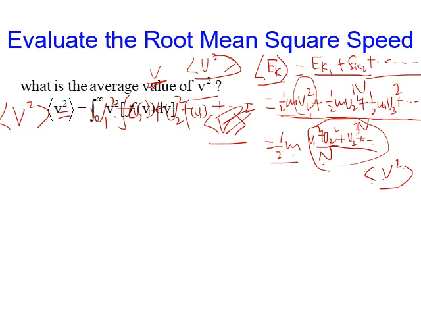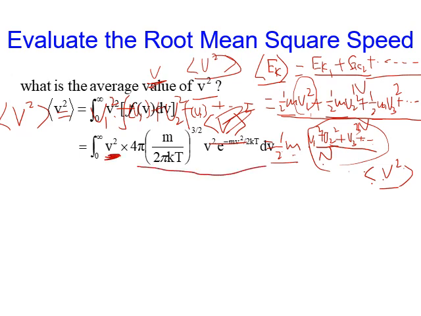That's how you calculate it. Because v is a continuous variable, you use v squared times the fraction of molecules that have this v, which is the Maxwell-Boltzmann distribution.